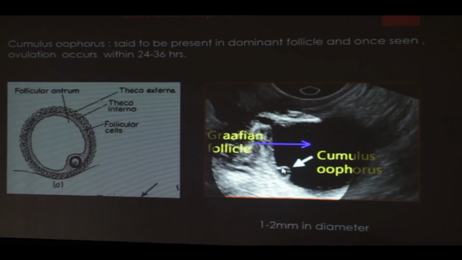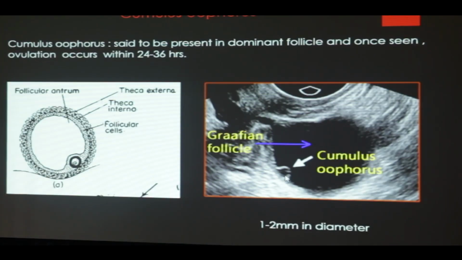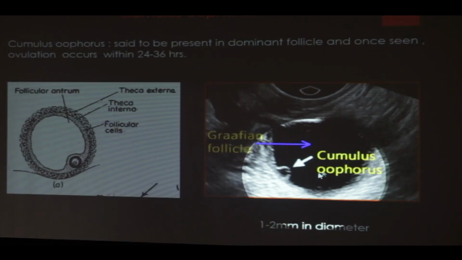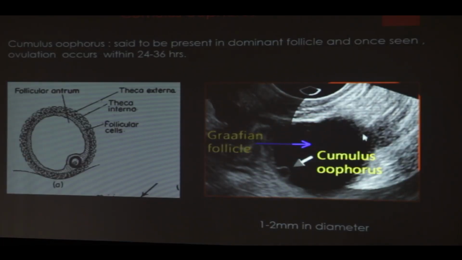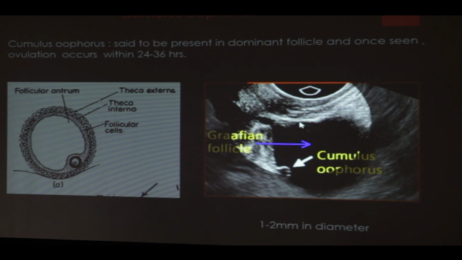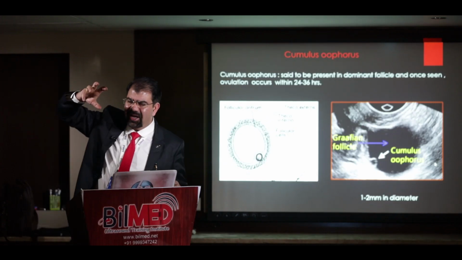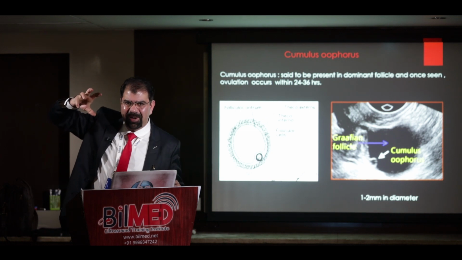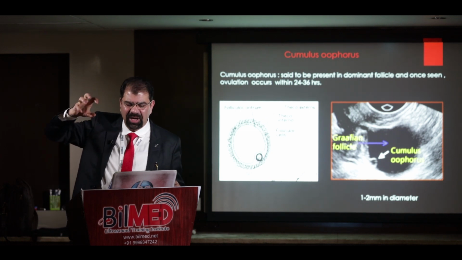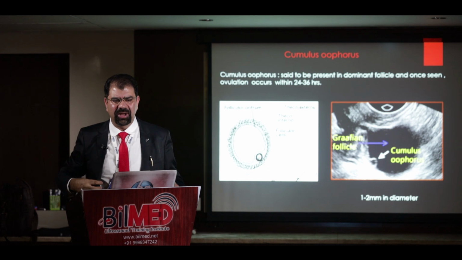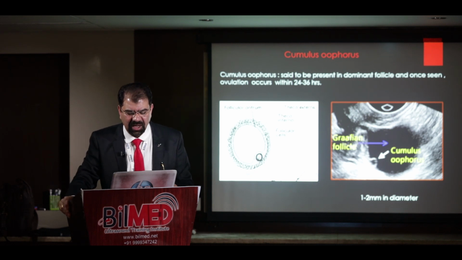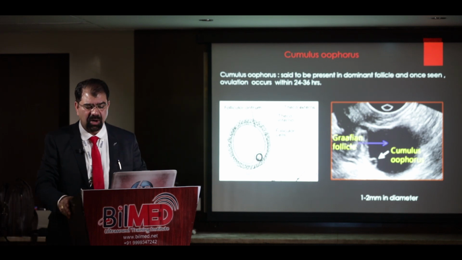So, with cumulus oophorus, if I am seeing inclination from the edge, now see, these contours are not regular here. It means that it is about to rupture, and that is why I am seeing the irregular margins of this Graafian follicle over here, which is about to rupture.